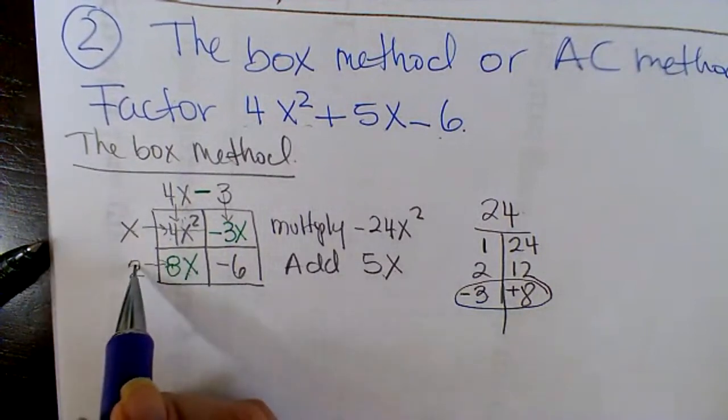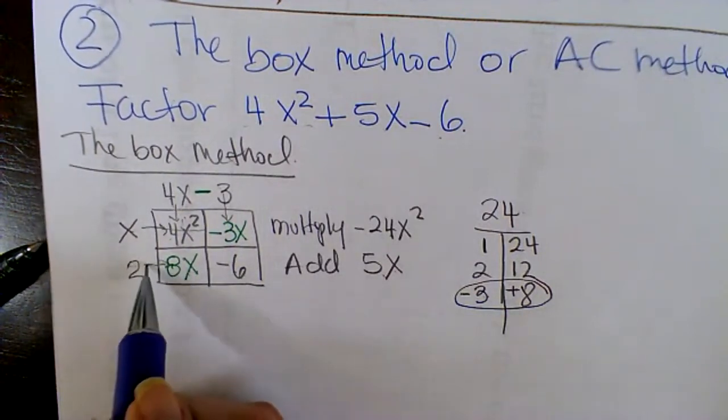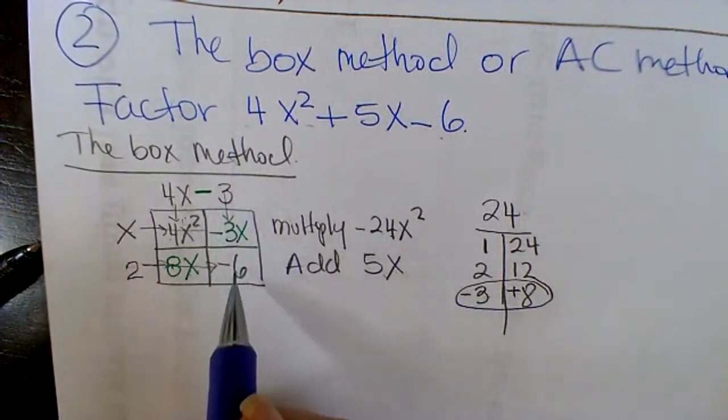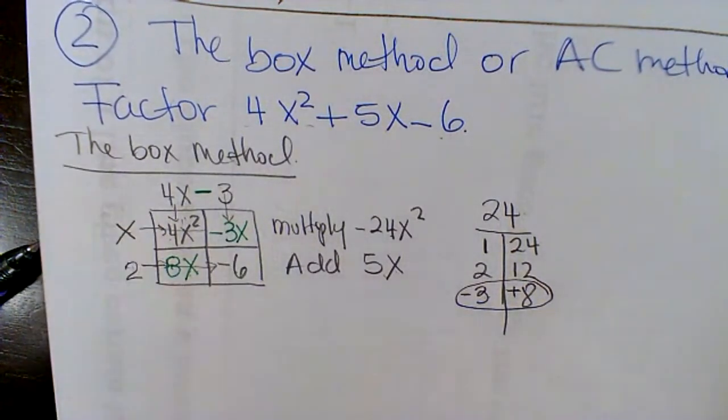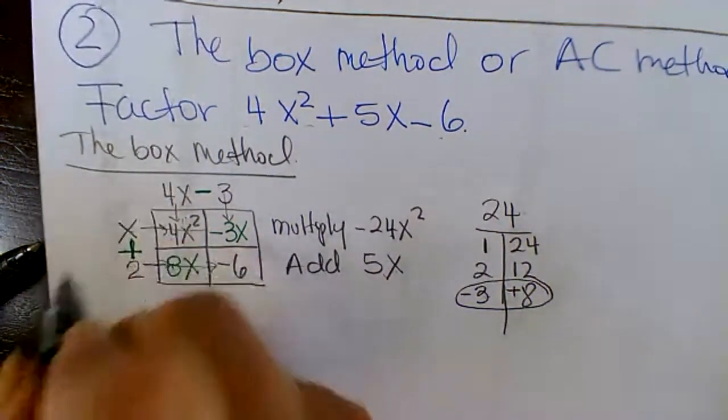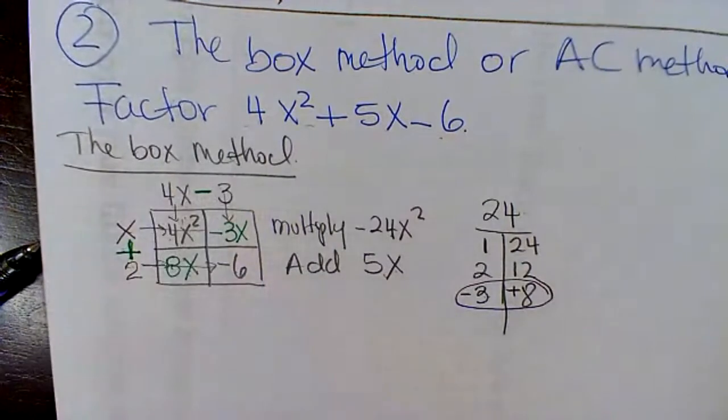If I multiply positive 2 times negative 3, that will give me negative 6. So this one is going to be a positive one, and this is the one that is going to be a negative.